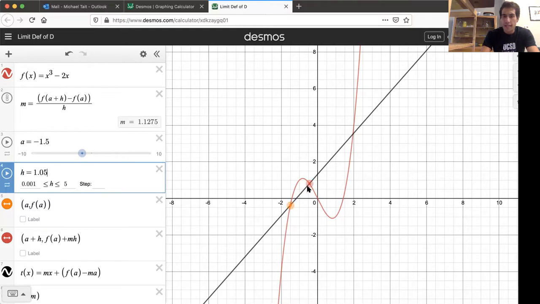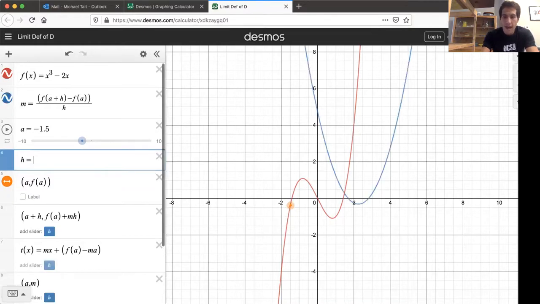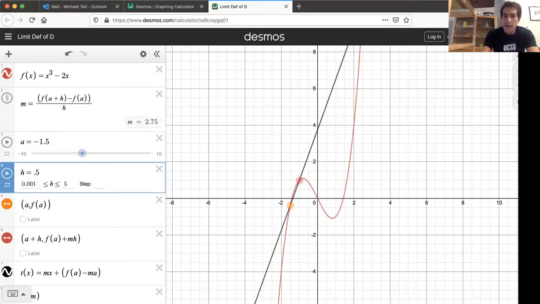The average velocity, as we said before, is the slope of this line, right? And to get the instantaneous velocity at a equals negative 1.5, I want to take this interval to be smaller and smaller, so I want to take h to be smaller and smaller. If I make h 0.5, it's getting closer and closer to here, and the slope of this line is the average velocity over this time interval of length 1/2.